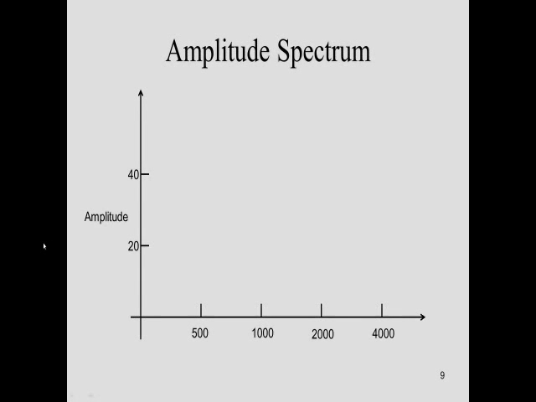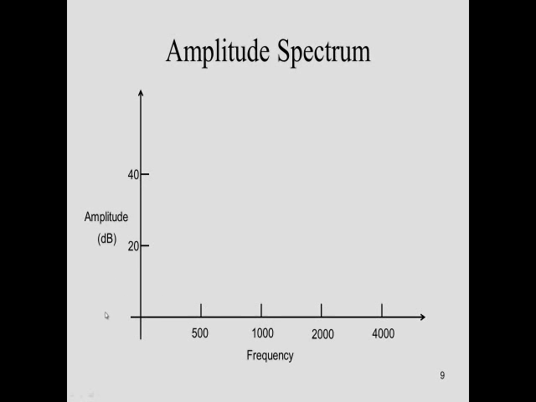So on an amplitude spectrum, it's always important, and this is something that I will be counting on you in terms of any formal evaluations. In other words, when I ask you to label axes on quizzes and tests, what I mean is you label the axes on an amplitude spectrum in this way, where you have amplitude on the y-axis and frequency on the x-axis.